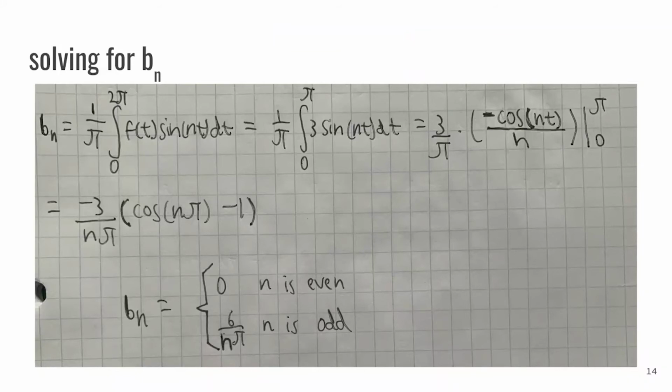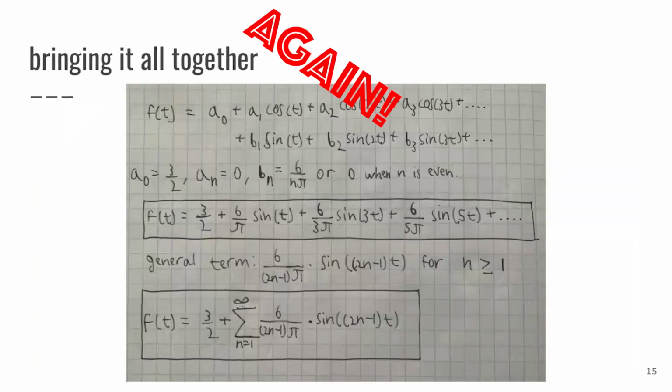And then taking the antiderivative, that equals 3 over pi times negative cosine nt over n, evaluated from 0 to pi, which can be simplified into negative 3 over n pi times cosine of n pi minus 1. And cosine of n pi minus 1 will equal 0 when n is even, and negative 2 when n is odd. So b of n equals 0 when n is even, and 6 over n pi when n is odd.